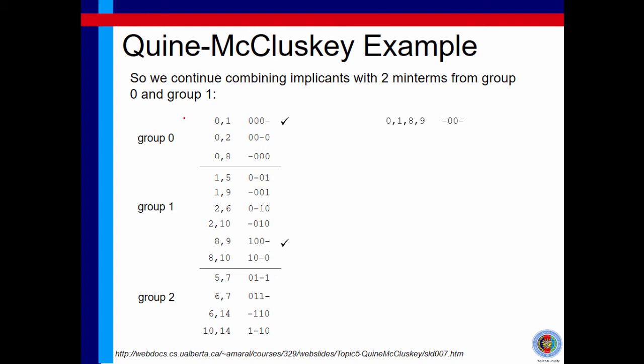You can pause anywhere in the video and convince yourself that certain minterms cannot be combined and certain can be combined. Minterms 0,2 and 8,10 can be combined to become dash 0 dash 0, and minterms 0,8 and 1,9 can be combined.